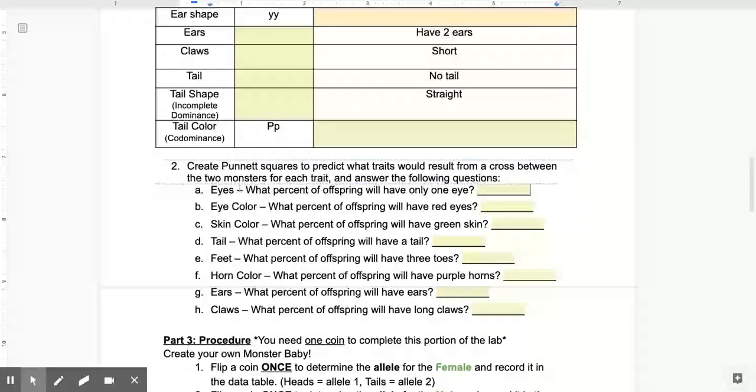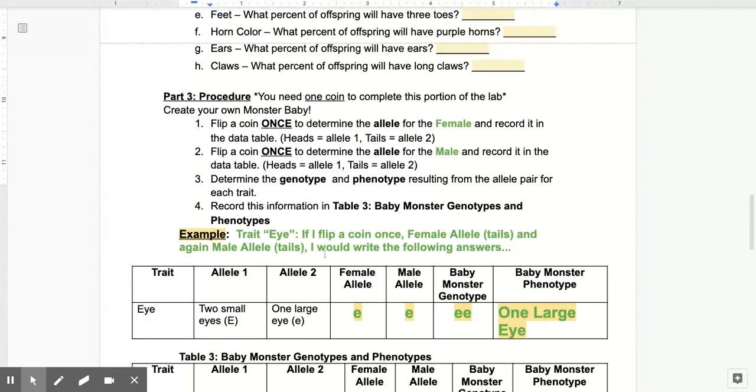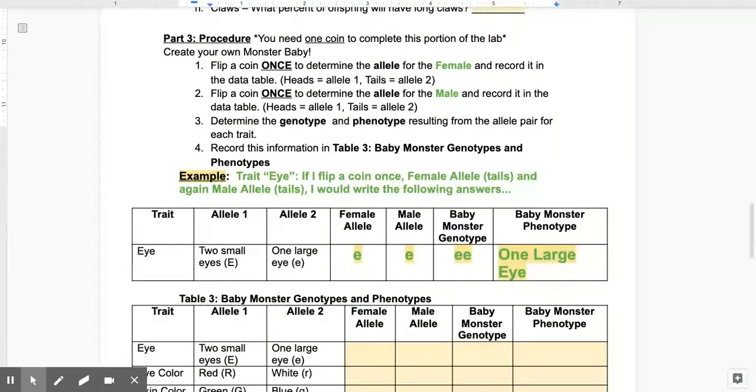So you would do a Punnett square for eye color based on the genotypes of the parents, the male and female, and then look at the results and identify a percentage.